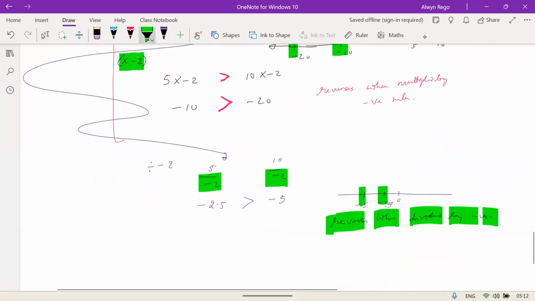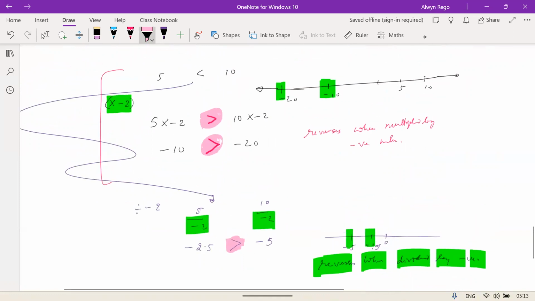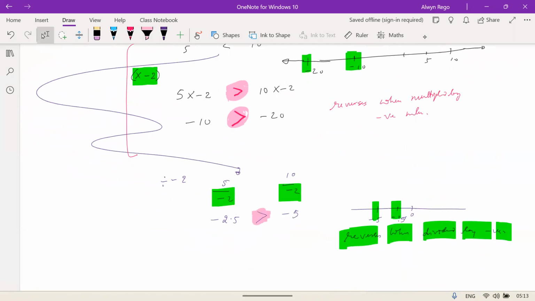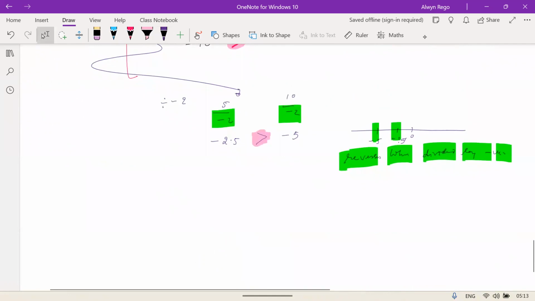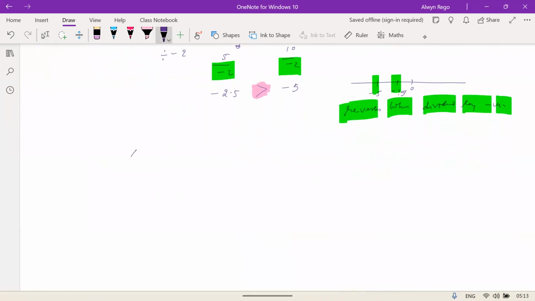No, it does not get disturbed when you divide or multiply by a positive, but it does by a negative number. Whenever you divide or multiply by a negative number, the inequality immediately reverses. So that's the main thing that we learn in this whole lesson, that whenever you multiply or divide by a negative number, the inequality always reverses.